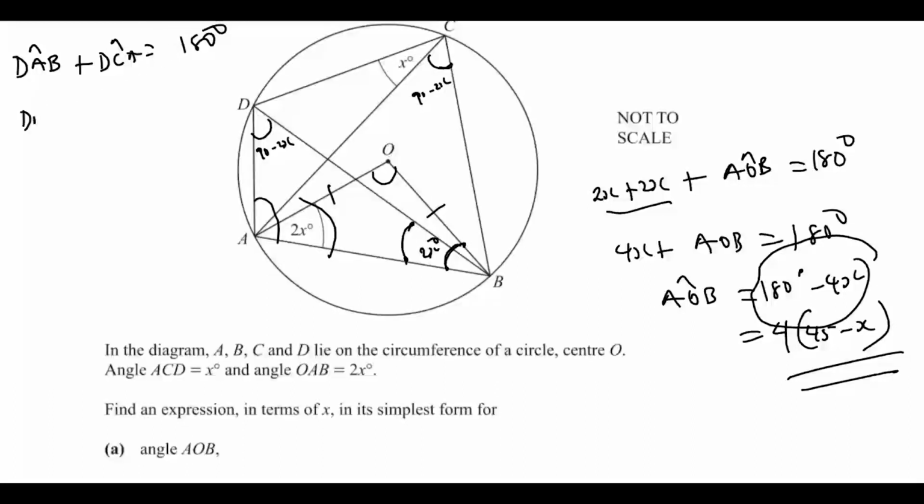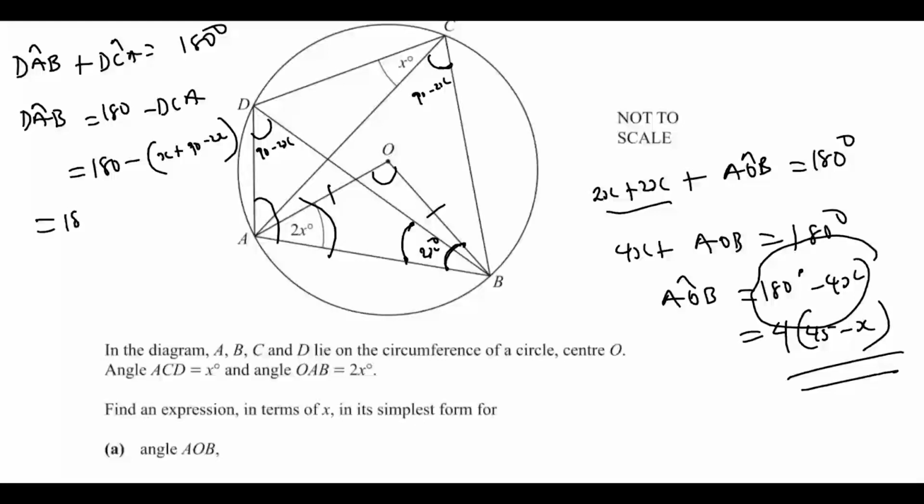So DAB will be equal to 180 degrees minus DCA. That will be 180 minus, DCA will be x plus 90 minus 2x. So that's minus (x plus 90 minus 2x). Let's expand the bracket.